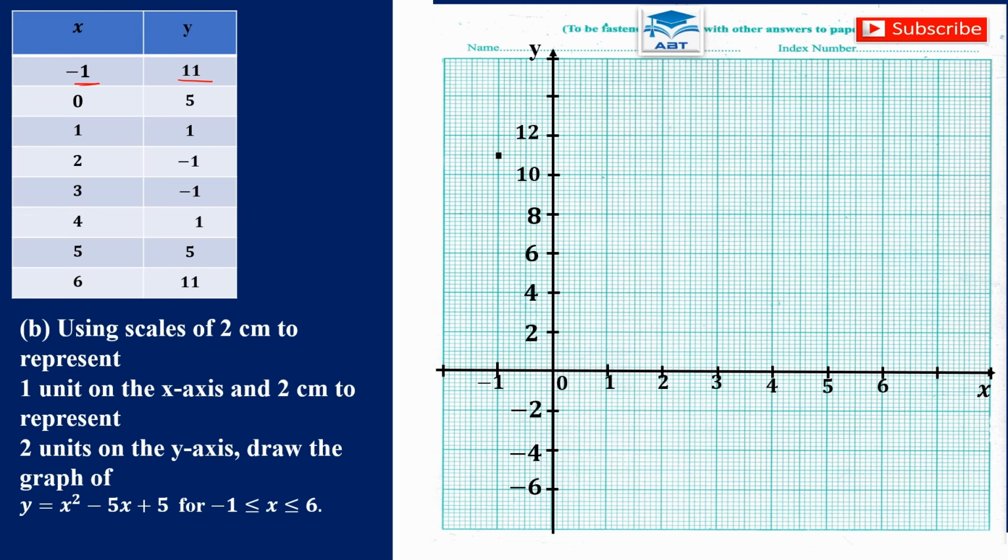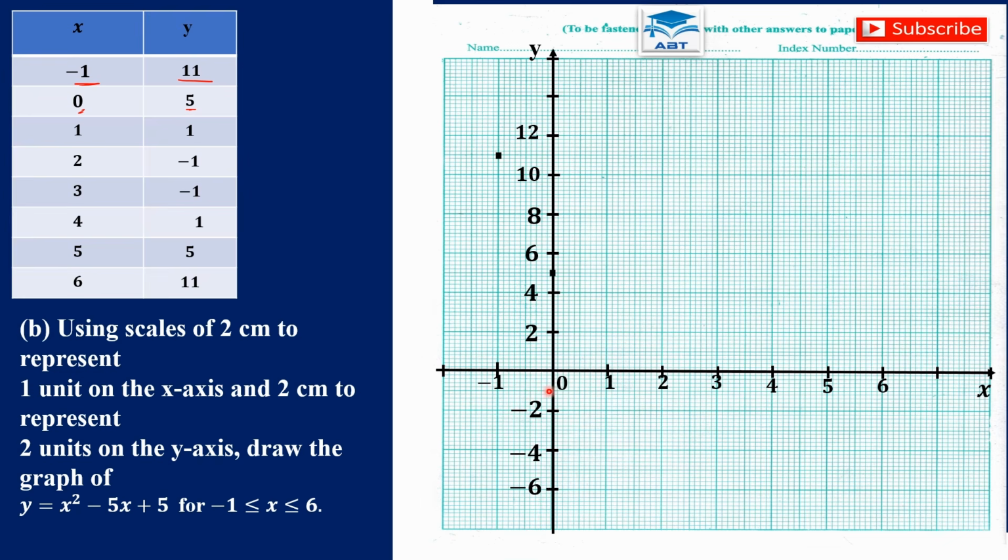when x is 0, y is 5. This is 0 on the x-axis. 5 will be at the middle of 6 and 4, which is here.